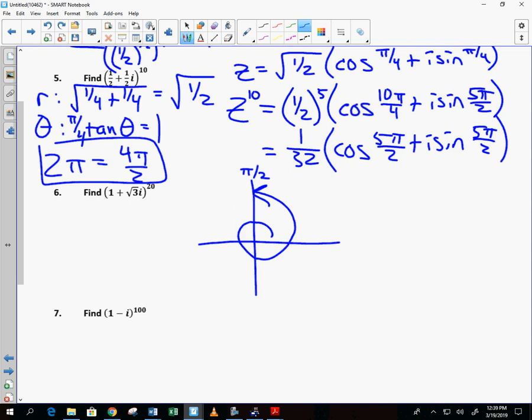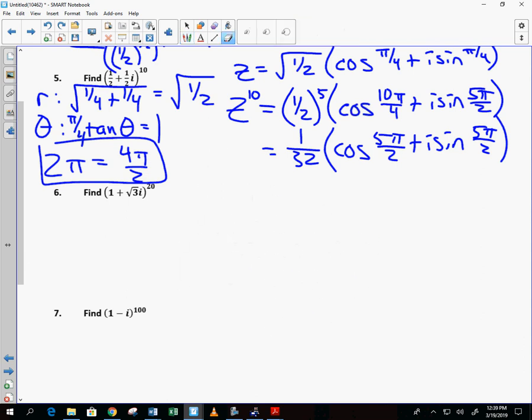Agreed? So how could you actually find that? Take 5 pi over 2 and subtract off 2 pi, or 4 pi over 2. What's 5 pi over 2 minus 4 pi over 2? Just pi over 2. So we've got 1 over 32 times the cosine of pi over 2 plus i sine of pi over 2.